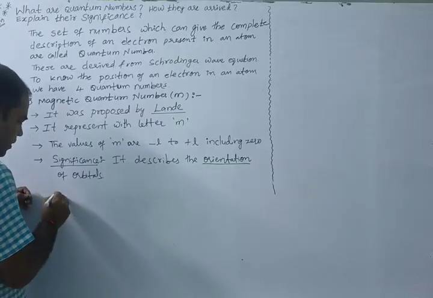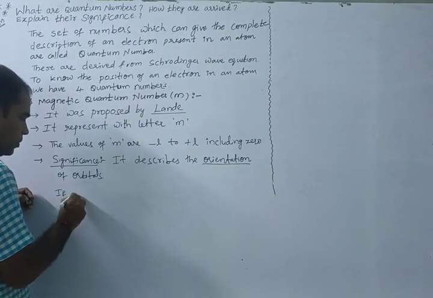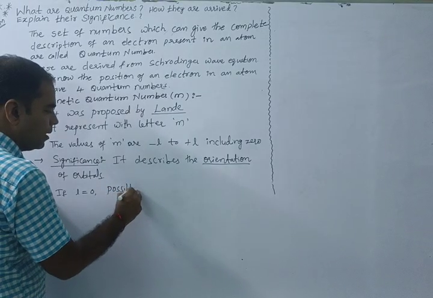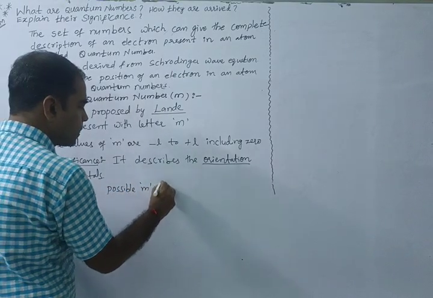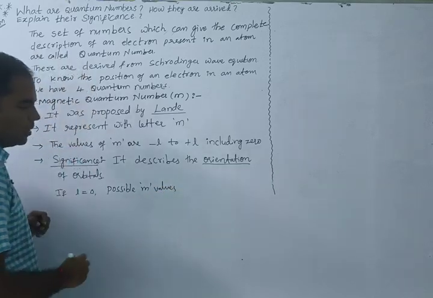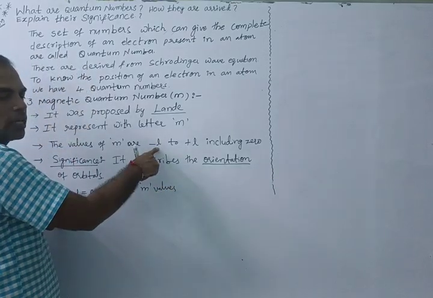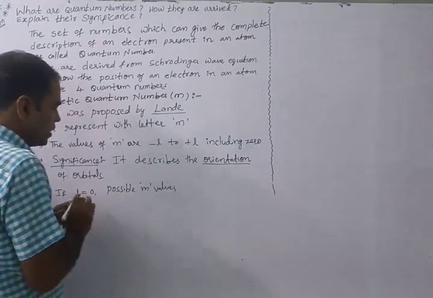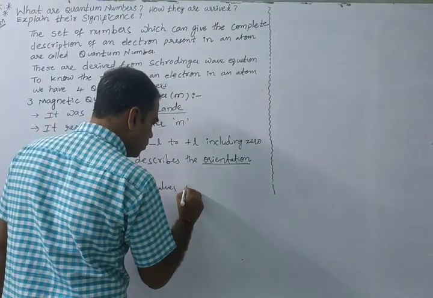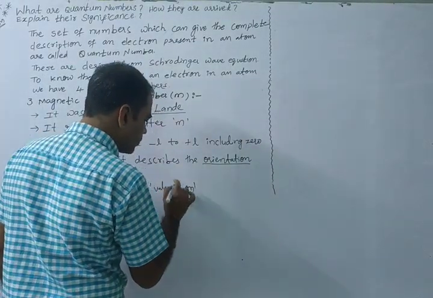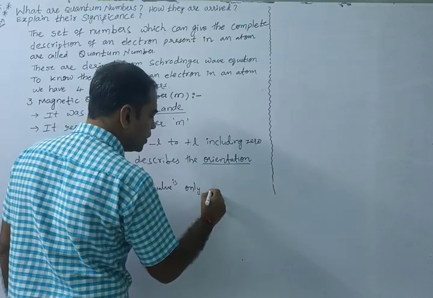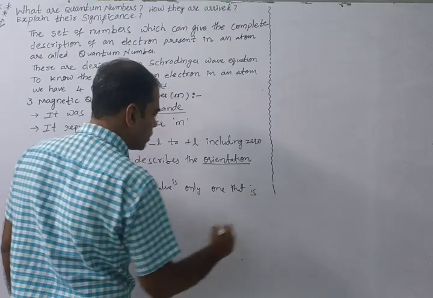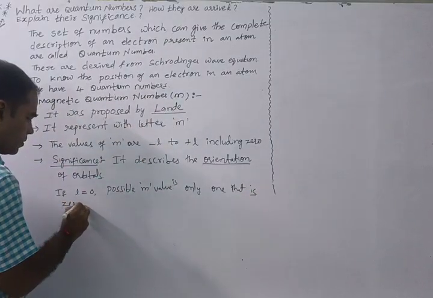For example, if l equals 0, what are the possible m values? When l value is 0, minus l means minus 0, plus l means 0, and including 0, the only possible m value is 0.